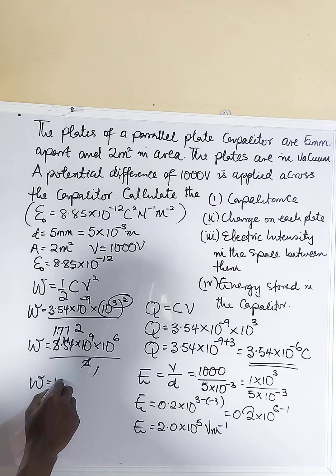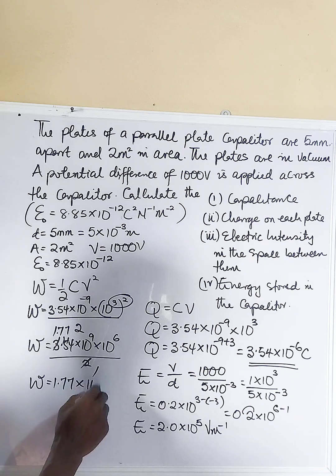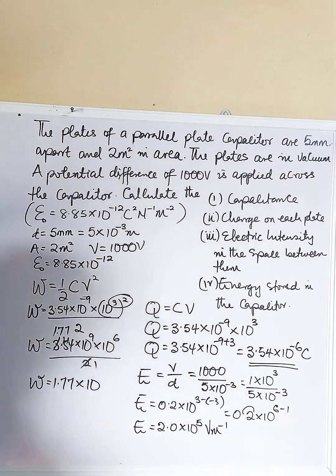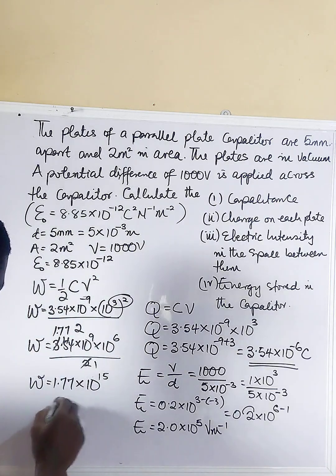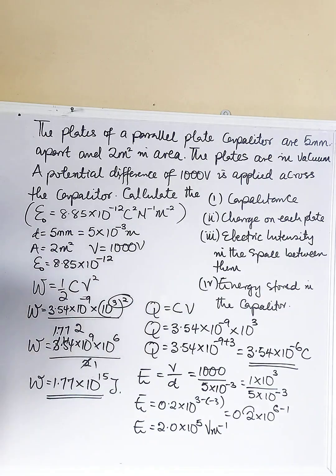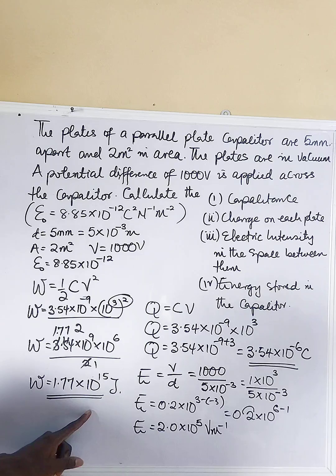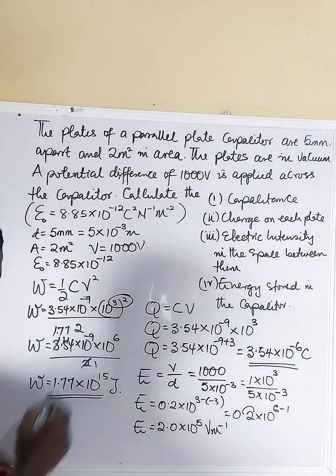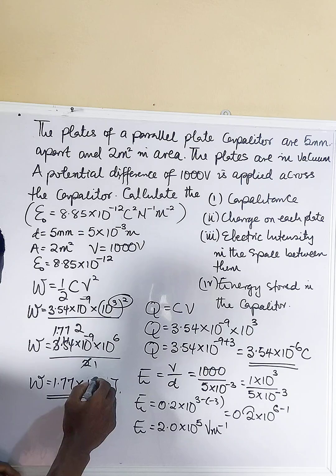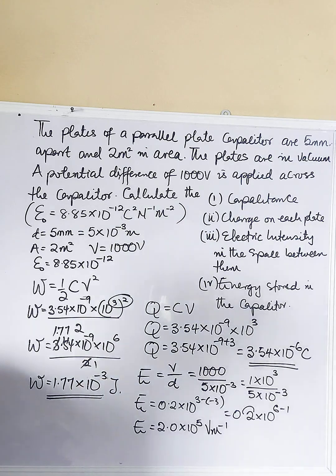So here you have 1.77 times 10 to the power of minus 9 plus 6, which is minus 3. So the final answer is minus 3 joule. Sorry for that mistake.